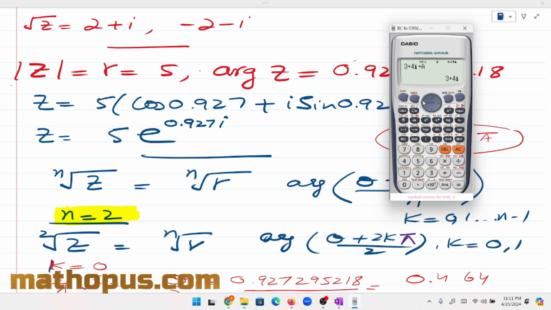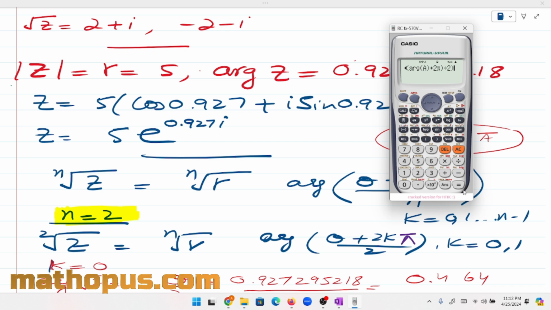Okay, now let's do that. Okay, now let me solve it again. So the square root, shift hyphen, alpha, this key outside the brackets, then this angle sign, 3 brackets, then we have the complex menu, argument, complex number A, bracket close, plus 2 pi this time, because the value of k is 1, divided by 2 because it is a square root, bracket close.